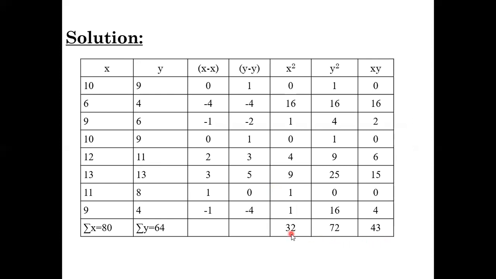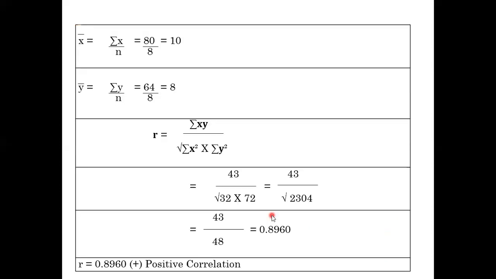Sigma x square is 32, sigma y square is 72. These values we have to put in the formula, so if we put these values in the formula, we get the correlation.